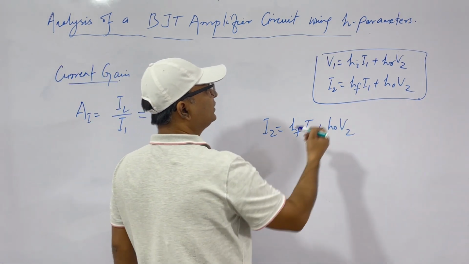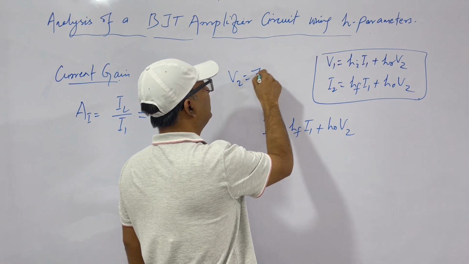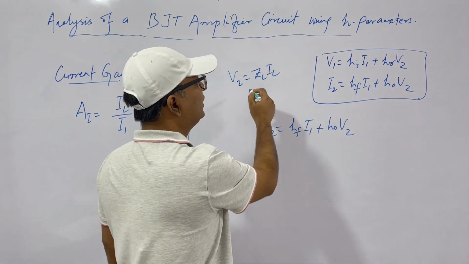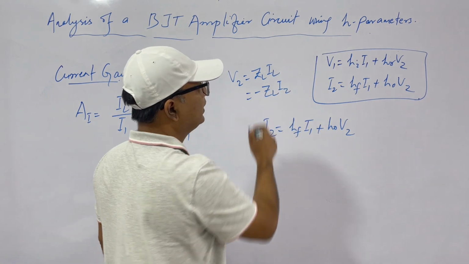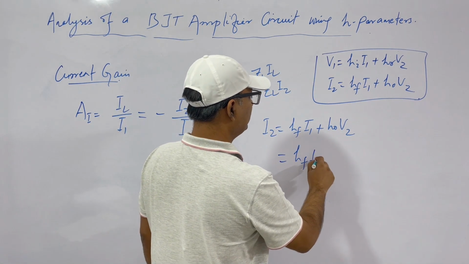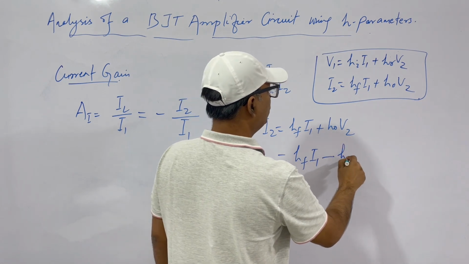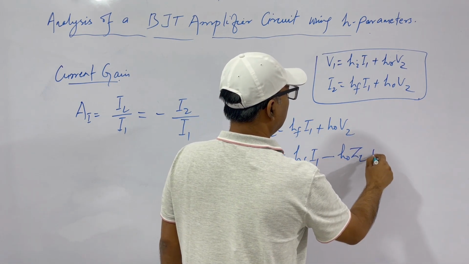So I2 is this, but V2 is what? V2 is ZL into IL, load into current, that is minus ZL into I2, because IL is minus I2. So we can write here I2 is equal to HF I1 plus HO into V2. This is minus ZL I2, minus ZL I2.